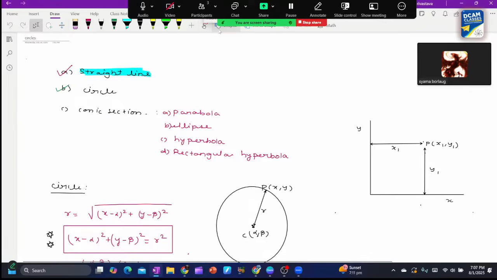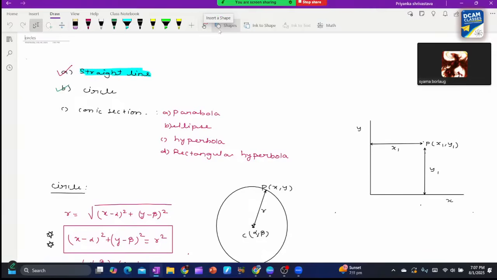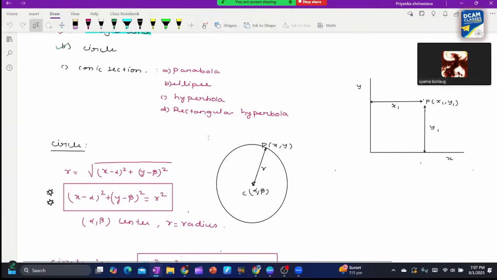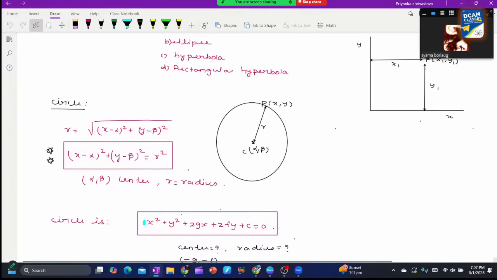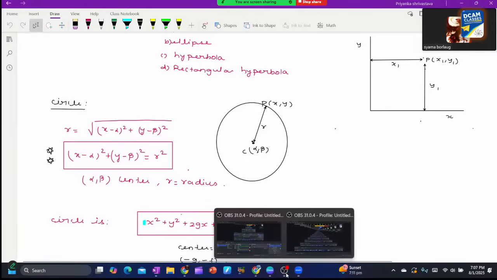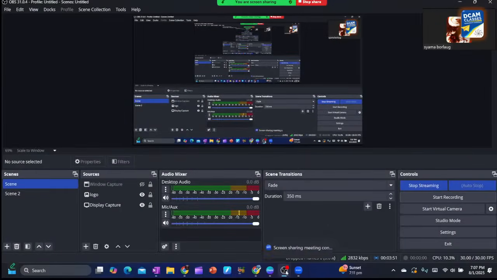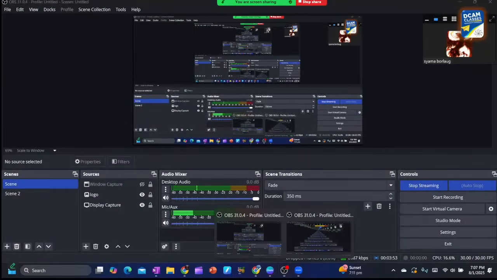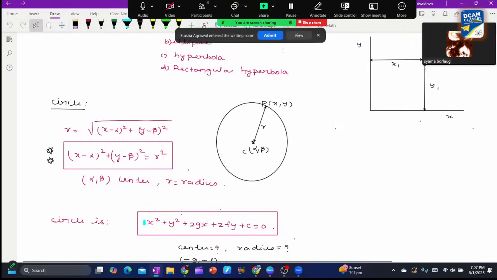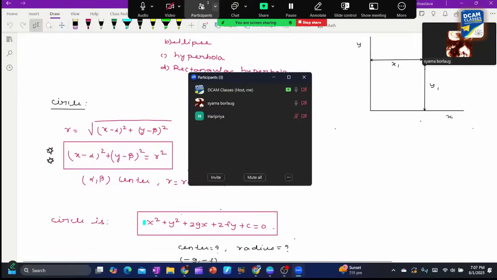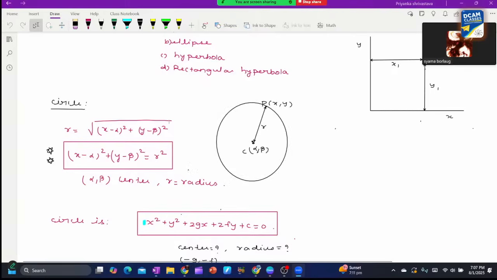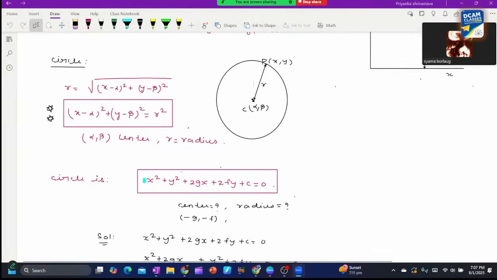They will also come. But let's revise very quickly till then, because you have not learned. See, Haripriya, this is a circle. A circle is defined as the set of points whose distance from the center is the same.